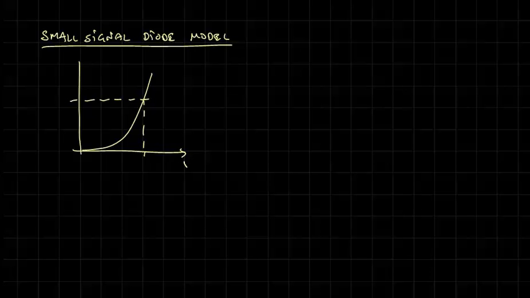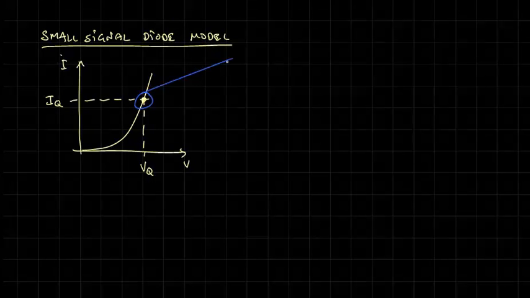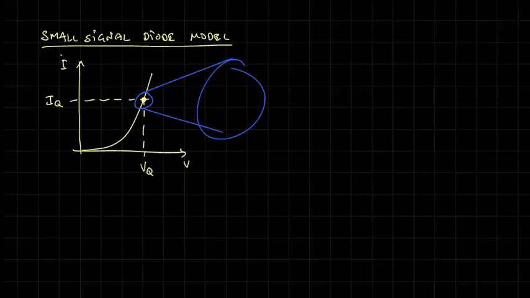So we have voltage and we have current. This is going to be IQ and VQ, and here's our operating point. I'll just zoom in here for a moment and assume we have a straight line that intersects this point, IQ, VQ, and there's a slope.